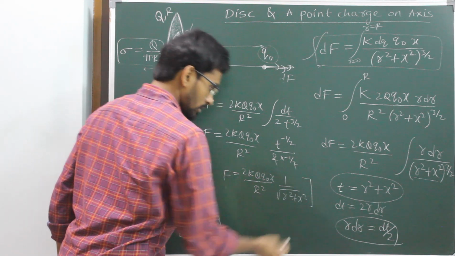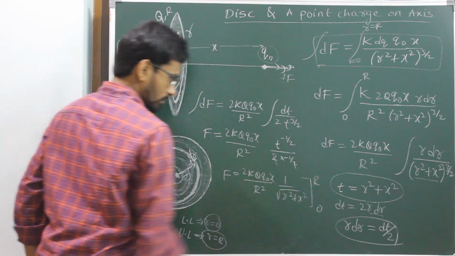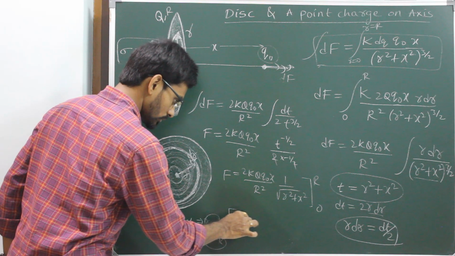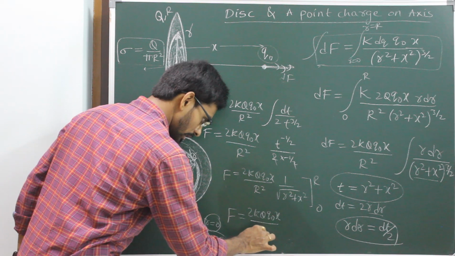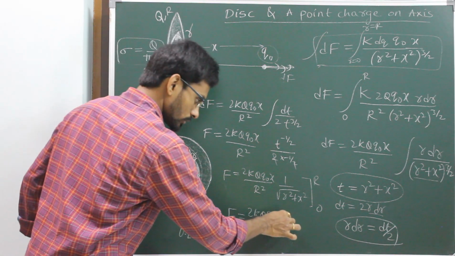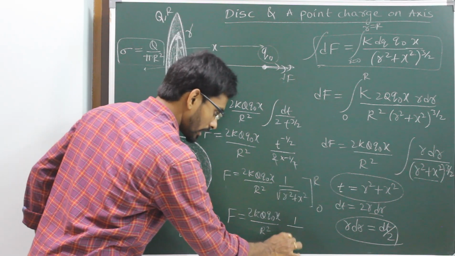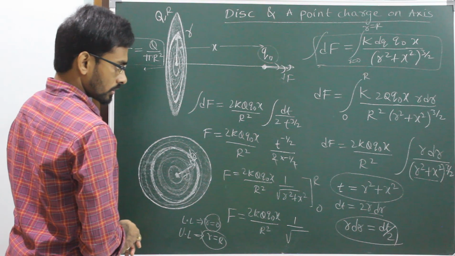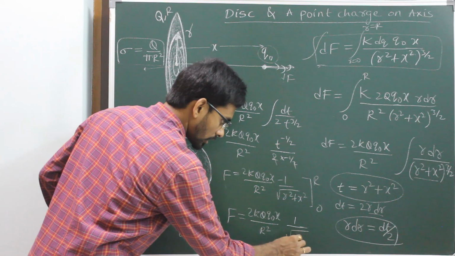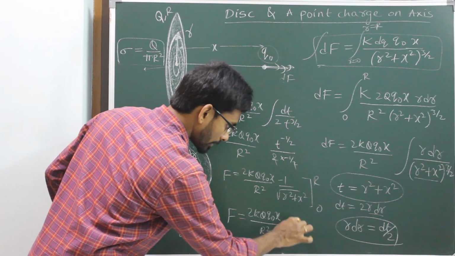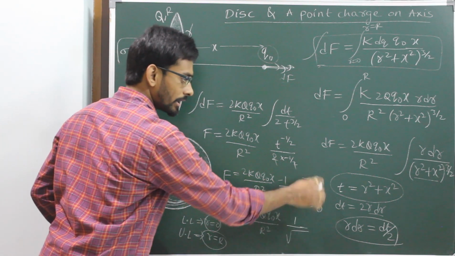Now let us substitute the limits. What will be the limits? r is changing from 0 to capital R. If you substitute the limits, you will get F equals 2kQ q naught into x by R square into 1 by root of, with the minus sign, so if you remove the minus, the limits will be exchanged.